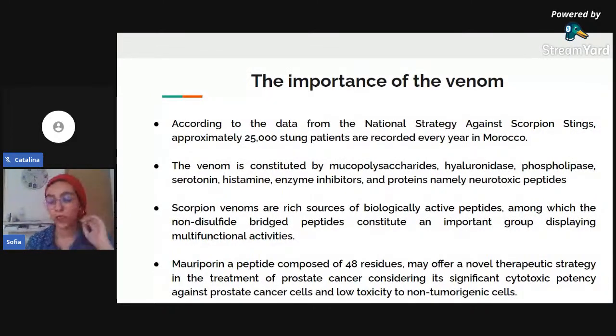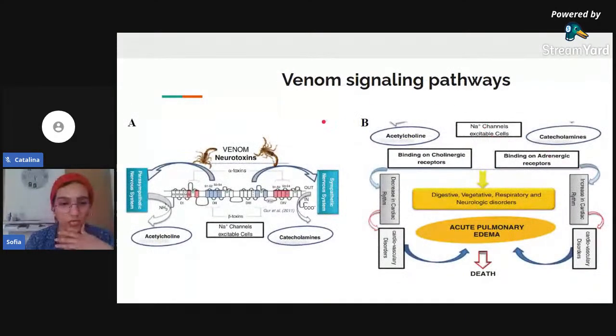For the venom signaling pathway, as we can see here, we have the venom neurotoxins, which can be either the alpha toxins or the beta ones.